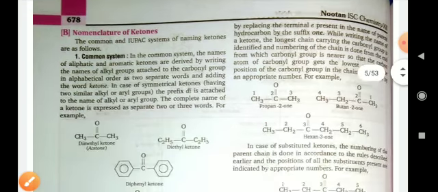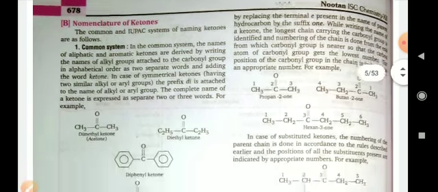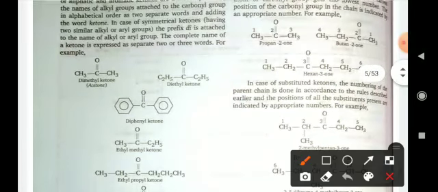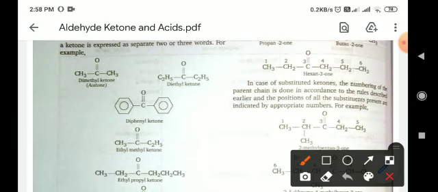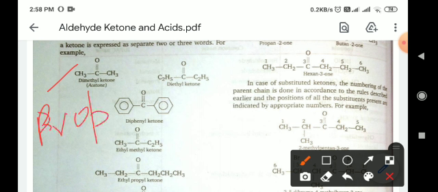Okay, the same goes for the nomenclature of ketones. As we know, for ketones we use the suffix one. So here you can see there is a 3 carbon chain. For 3 we use prop. Okay, and at carbon number 2 there is a ketonic group present.